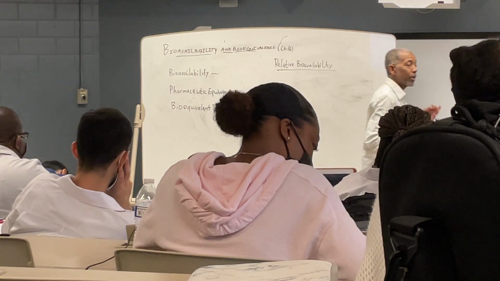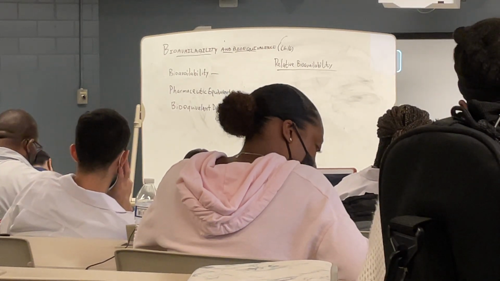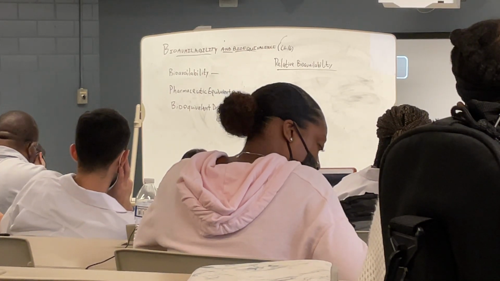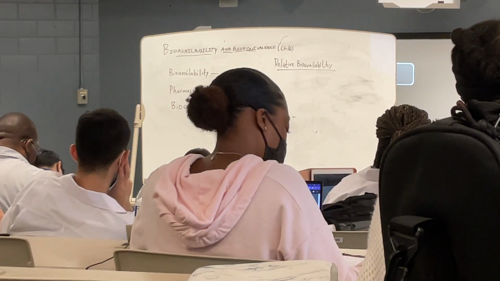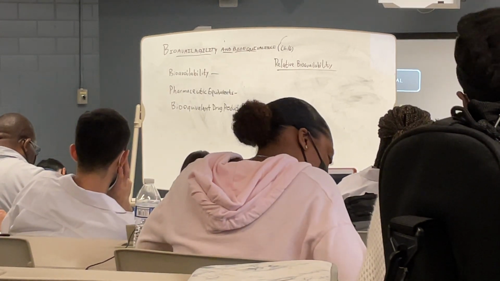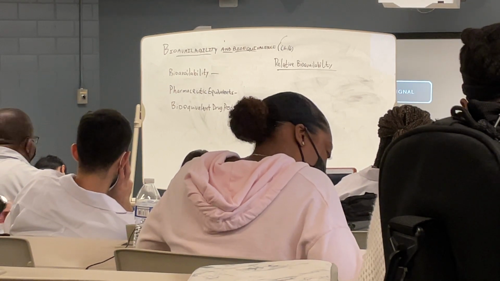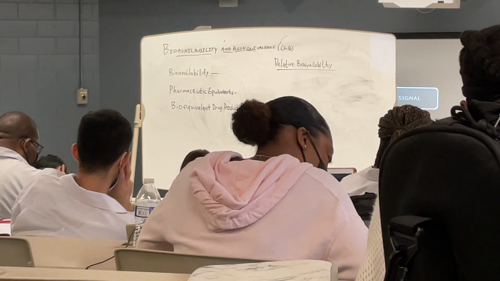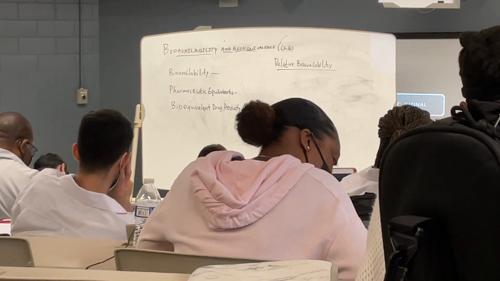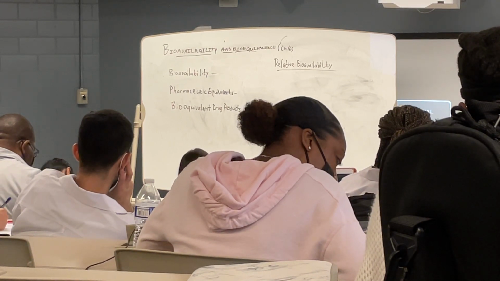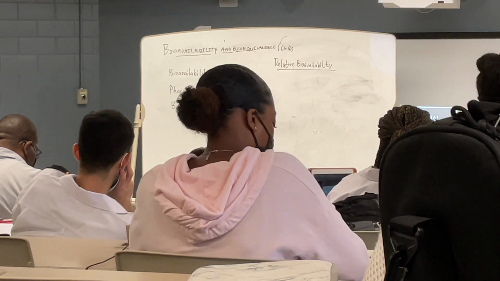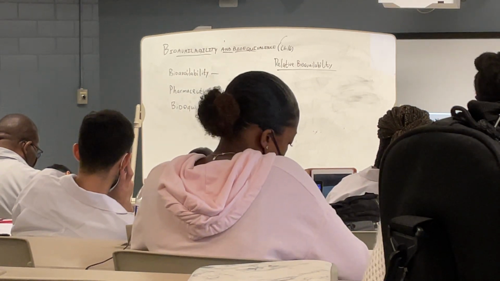And the other one is absolute bioavailability. I'm just not putting it up here, but I'm going to talk about that for the other. So there are two types, relative bioavailability and absolute bioavailability. Relative bioavailability is defined as the availability or the bioavailability of a drug product.